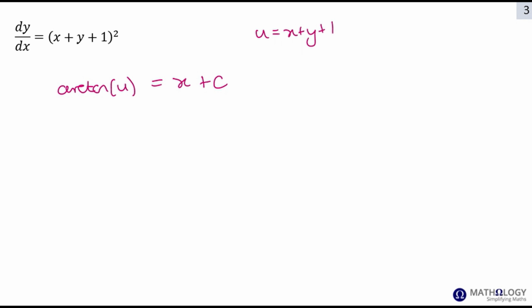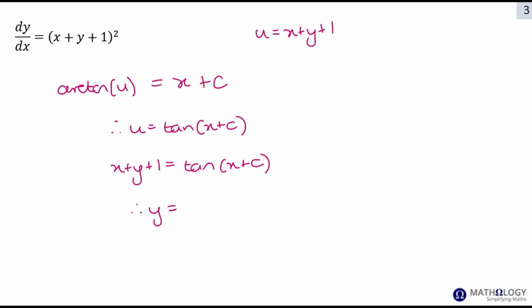Okay, since we're solving for u, that means that u equals tan x plus c. u is x plus y plus 1, so x plus y plus 1 equals tan x plus c, and therefore y equals minus x minus 1 plus tan x plus c, and that is the solution to the differential equation.